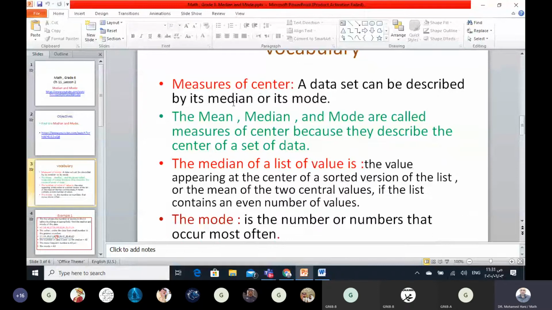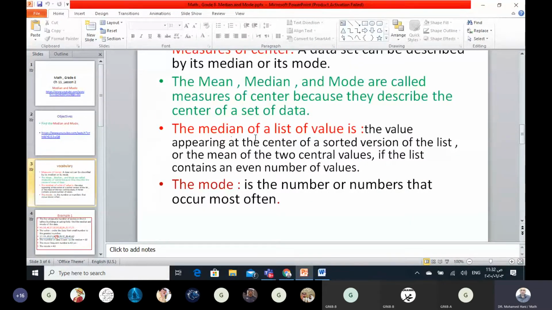Measures of center means the mean and median and mode. When you listen, measures of center means we want to solve the mean, the median, and the mode. The mean, the median, and mode are called measures of center because they describe the center of a set of data.